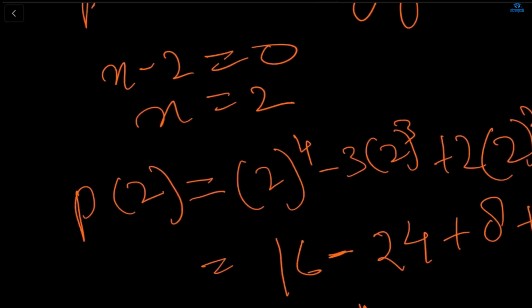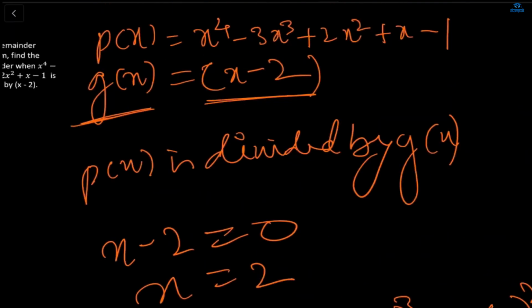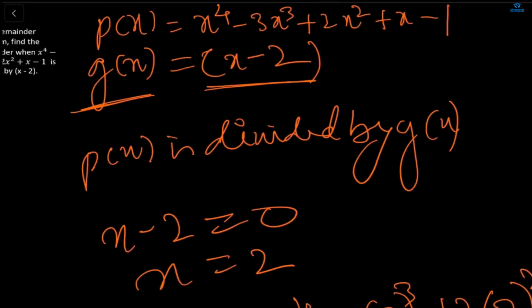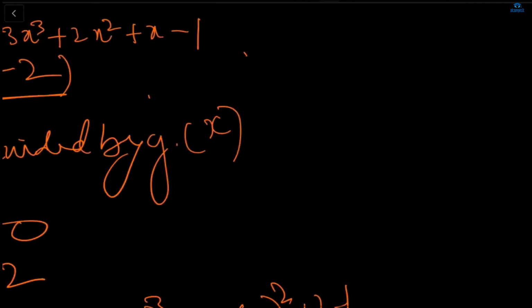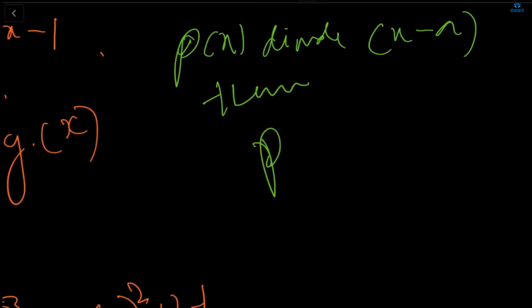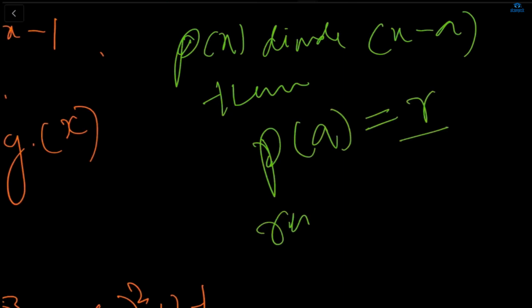What does the remainder theorem say? If P(x) is divided by x minus a, a polynomial of degree 1, then P(a) is equal to r, your remainder.